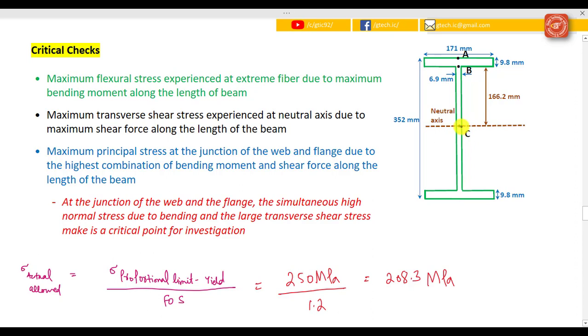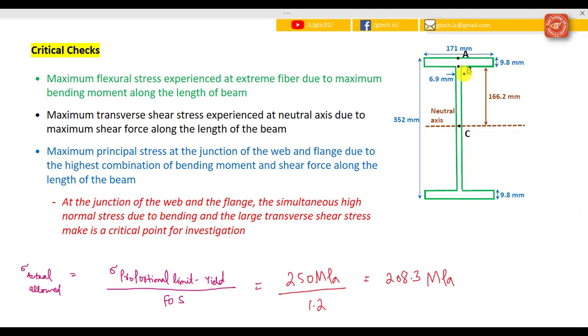And so for the critical checks, we are going to check the maximum flexure stress at the extreme fiber, and that's going to be the same at the top or the bottom. That's point A. And then we have to do a combination of flexure stress and shear force.